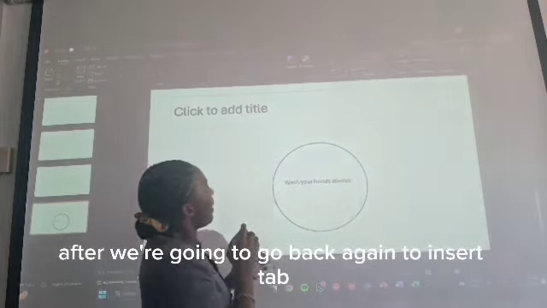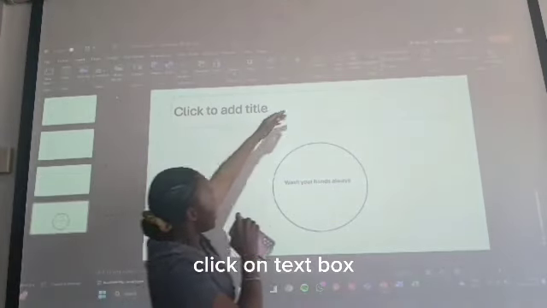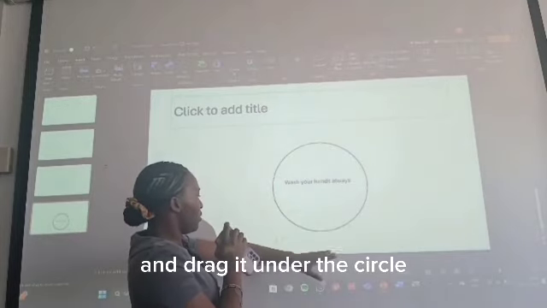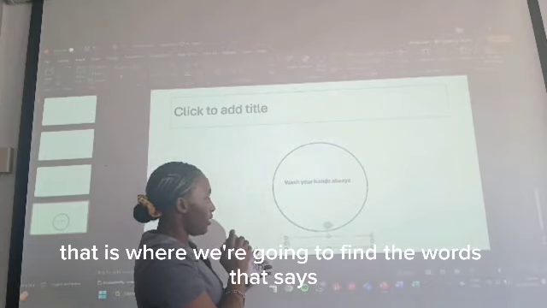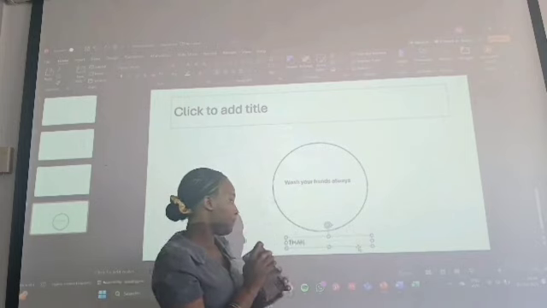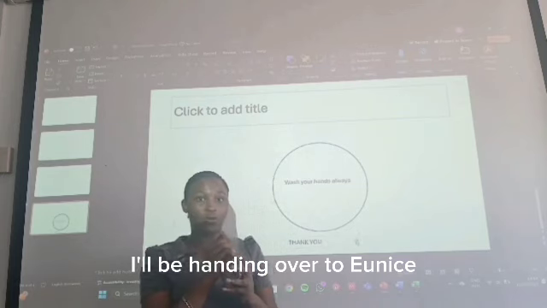After, we're going to go back again to Insert tab, click on text box, and drag it under the circle. That is where we're going to find the words that says thank you. I'll be handing over to Eunice.